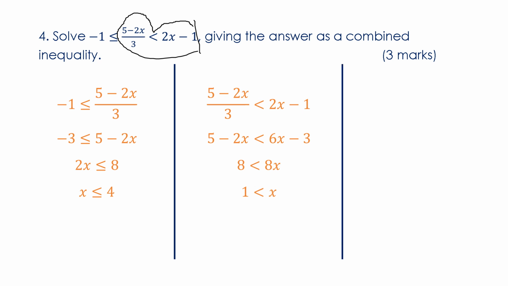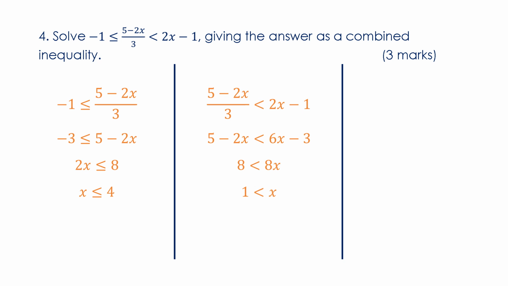Then we come to answer our question, which requires us to write it as a combined inequality. Combined inequality means these are two individual statements, the second one and the first one, and now we combine them. The easiest way to combine is simply to write them the way you see them.